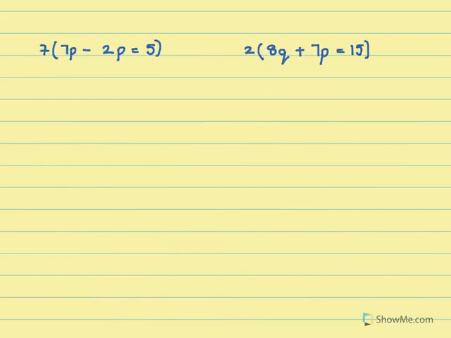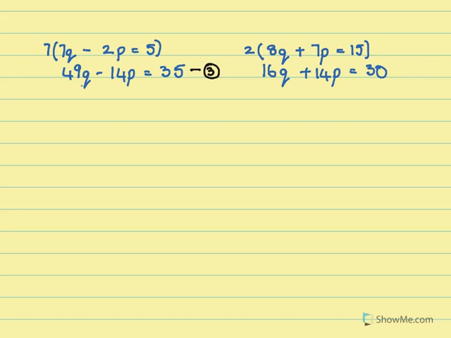We go ahead and multiply, so 7 into 7 is 49q minus 14p equals 35. Here 2 into 8 is 16q plus 7 into 2 is 14p equals 15 into 2, 30. We'll put this as equation 3 and this as equation 4.